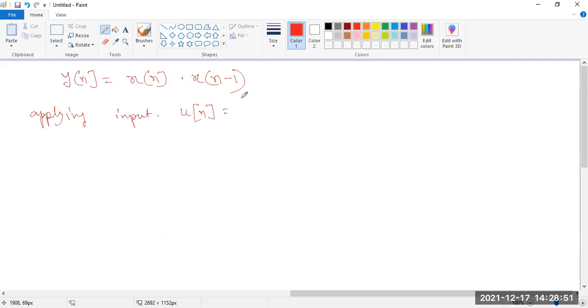That means instead of x of n we are putting the unit step function. This is a discrete function, that's why instead of t we are using n. So our system becomes y of n equal to u of n into u of n minus 1.